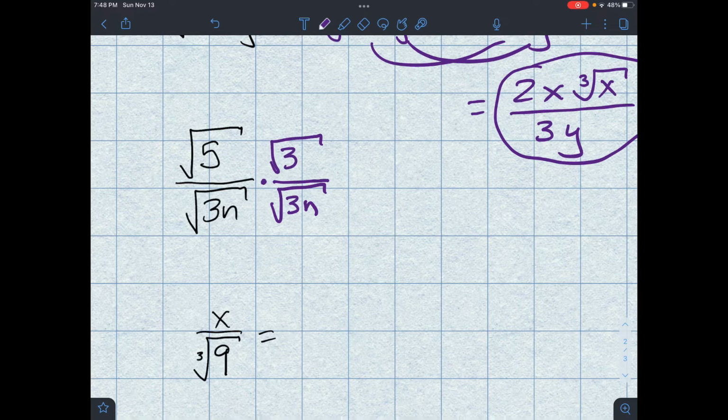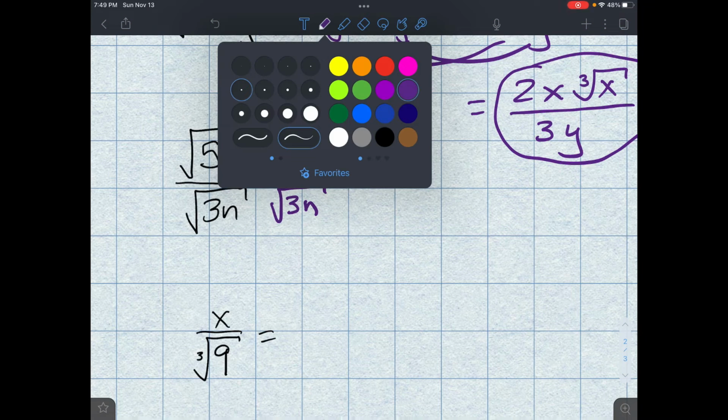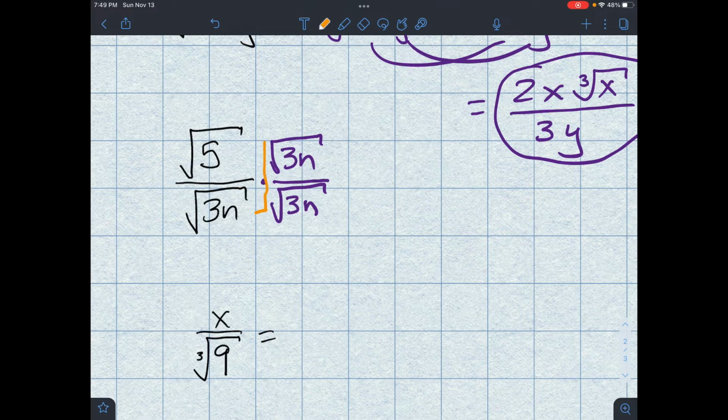Now, remember, to keep the value of the fraction the same, we can only multiply by what I would call a big 1. Yeah? Notice the value of this fraction is just 1. Okay? So I'm not changing the value because we're multiplying by 1. So I'm just changing the way it looks.